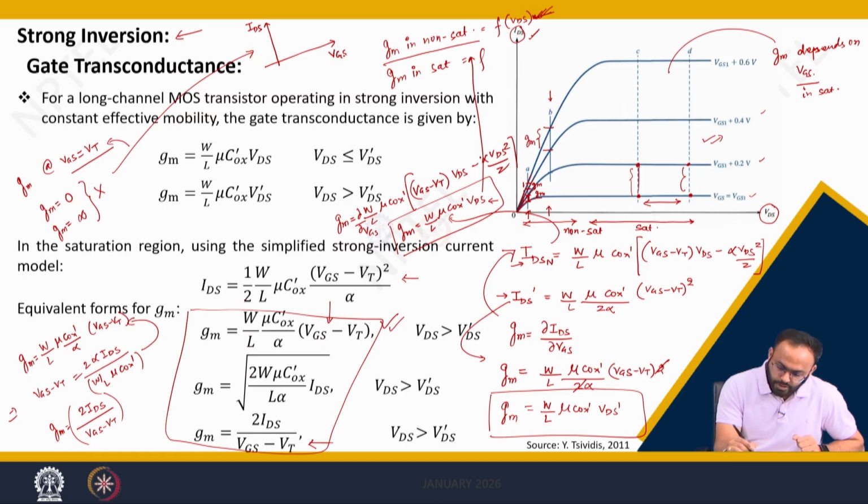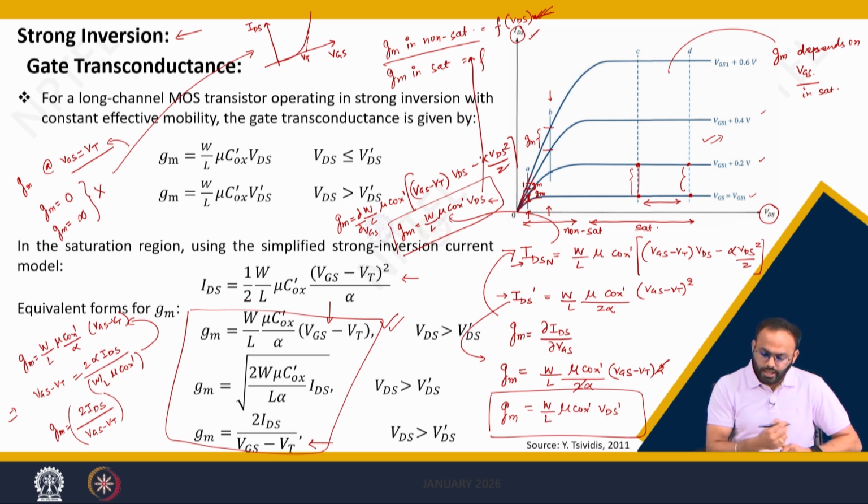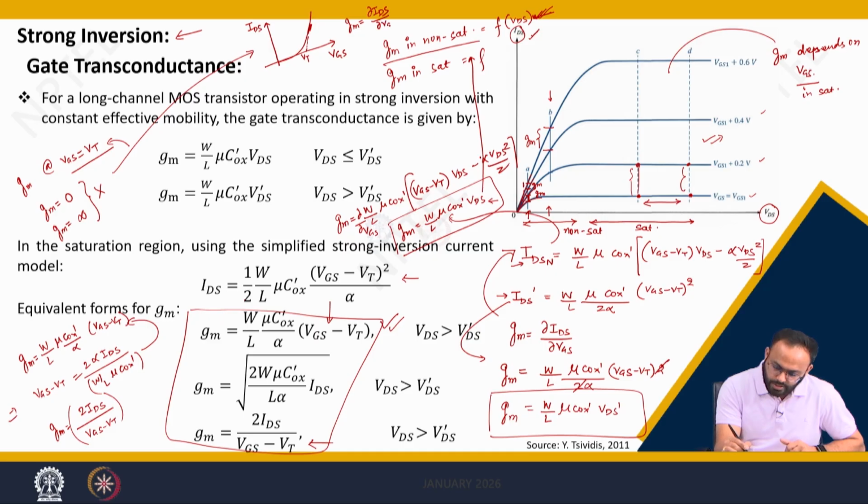Actually, GM is nothing but the change in current with respect to change in voltage. So, we can understand GM as the slope of the transfer characteristic, which is given as this, and this value is approximately the threshold voltage. The slope is nothing but transconductance. GM is the slope of the delta IDS divided by delta VGS characteristic.